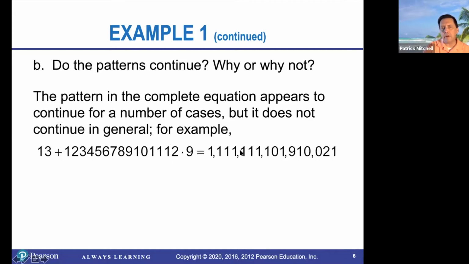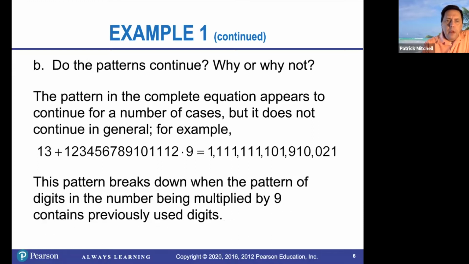And the number that you get in the end starts off with a whole bunch of ones, but then after that, it kind of goes a little wonky. So that pattern does not hold up. Holds up for a while. It's still kind of cool, but it doesn't hold up forever. So this pattern breaks down when the pattern of digits in the number being multiplied by 9 contains previously used digits.